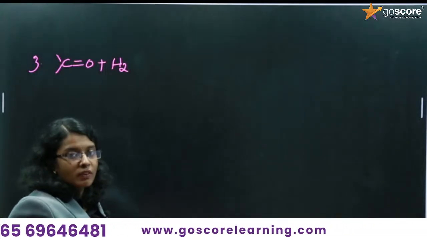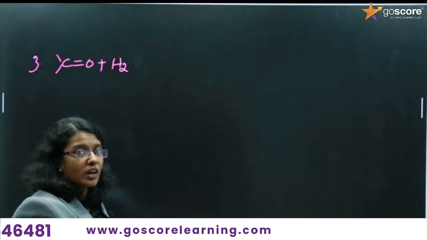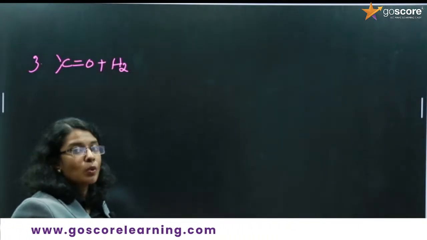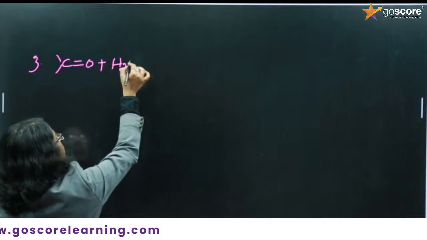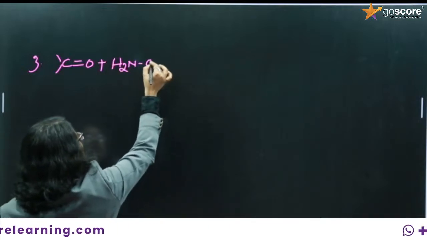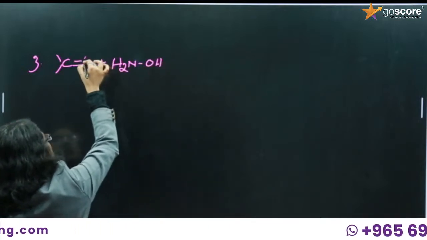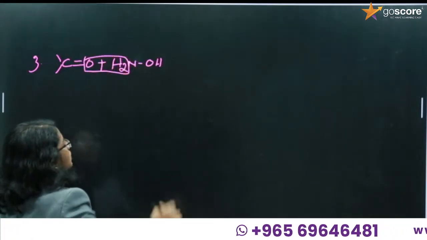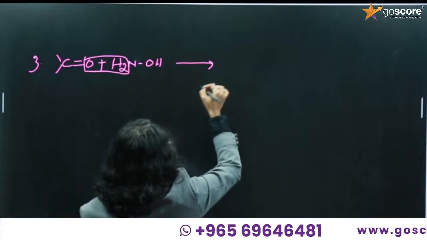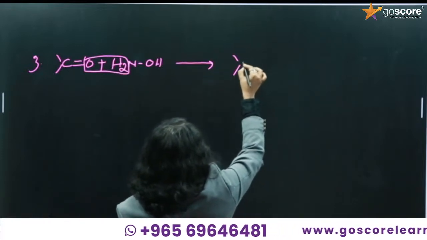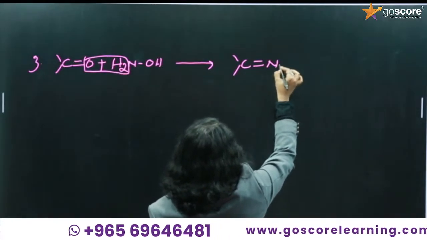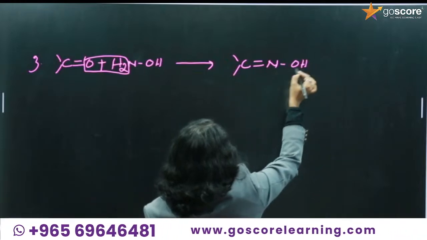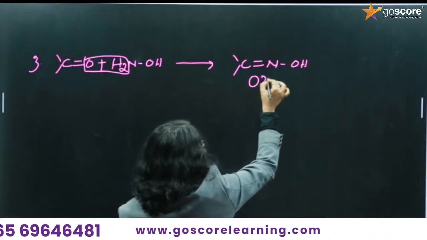You know the formula of amine, that is NH2, and the hydroxy group, OH. So NH2OH is hydroxylamine. So here also just eliminate the water molecule. Then you will get C=N-OH. That is oxime.